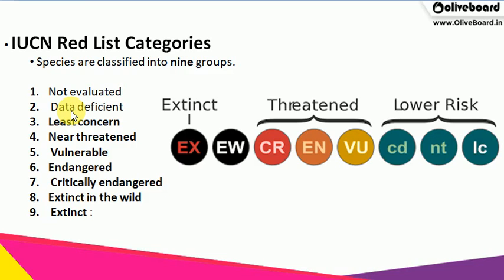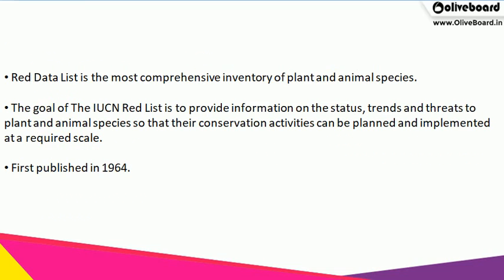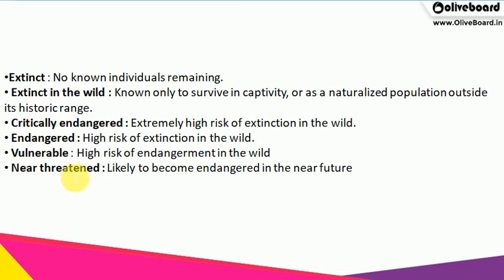Then the fourth is near threatened. What is near threatened? Near threatened are the species which are likely to become endangered in the near future. For now they are okay, but as the trend suggests, they are likely to become endangered in the near future.